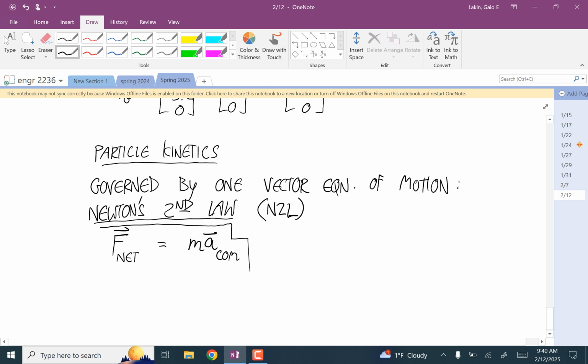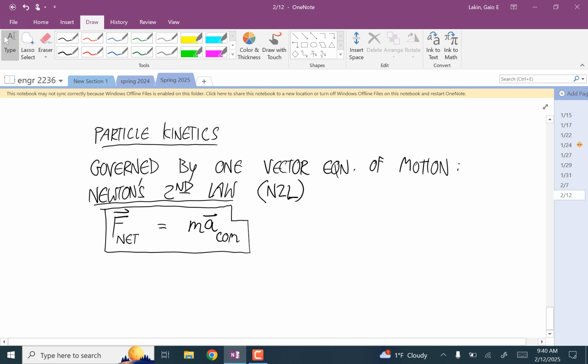Okay, so there is the equation of motion. And let me write this stuff down. So F net is the sum of all the forces on the chosen body.